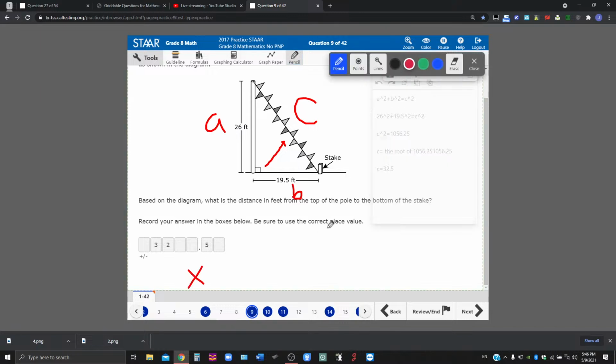That's because all the spaces have their place value. So if you do this, actually, this is 1,000, 100. So they think you are telling them 3,200.0.5. Okay, so you cannot do that. You have to make sure that what you did was in the correct place.